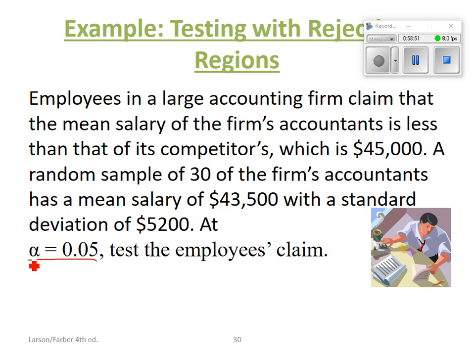This is part one. This was part two, and I'm going to start part three right here just to make it look more like a sentence. The claim that the competitors' salaries are more than the company's.